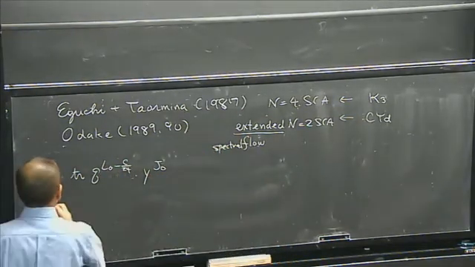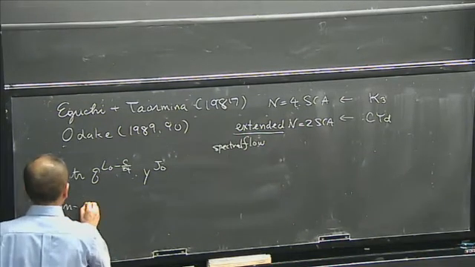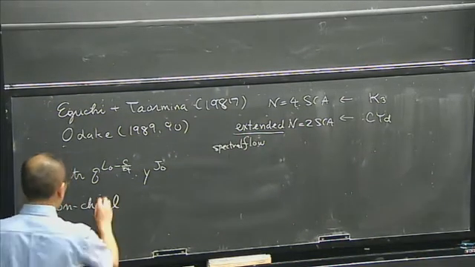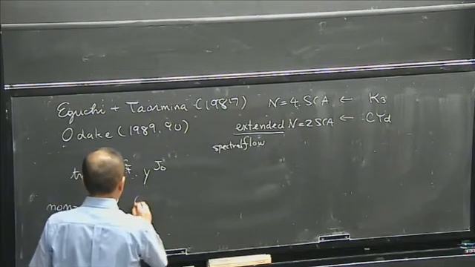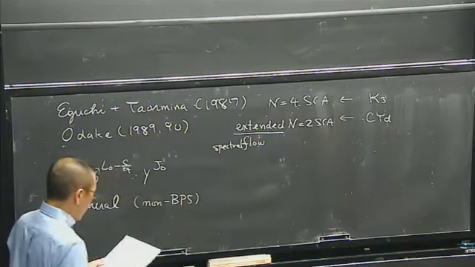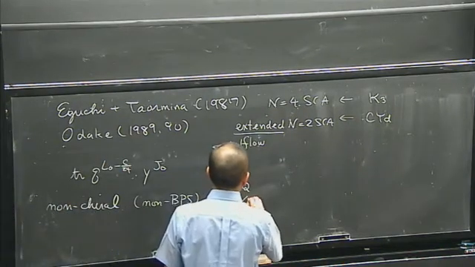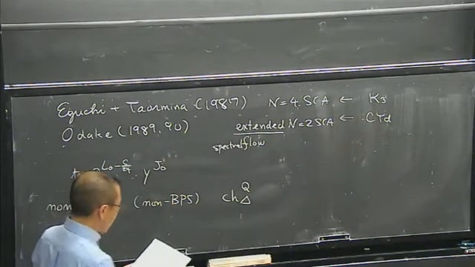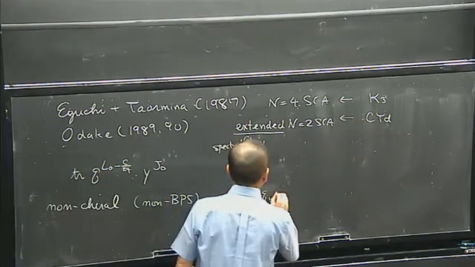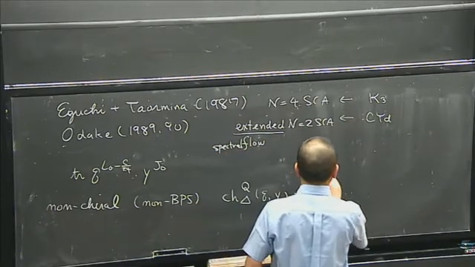And then there are two kinds of representation. One is called non-chiral, which is basically non-BPS. And its characters are characterized by the U(1) charge and the highest weight of L0, and of course are functions of q and y. And these are very simple things. These are basically oscillators.